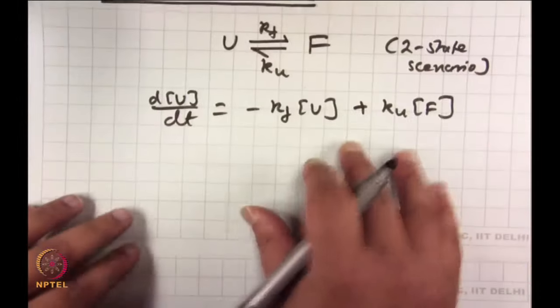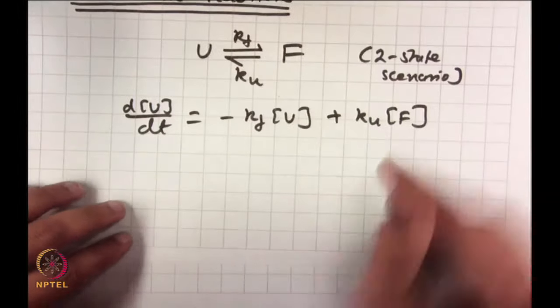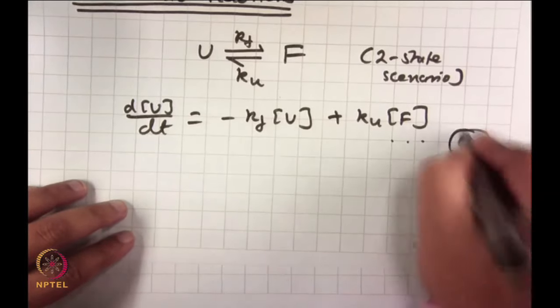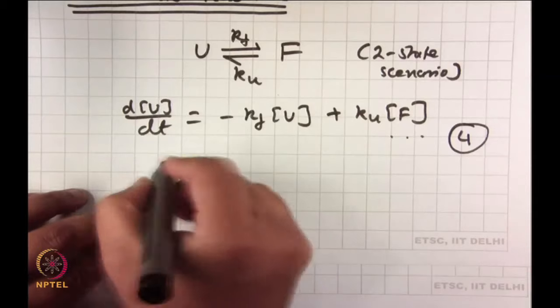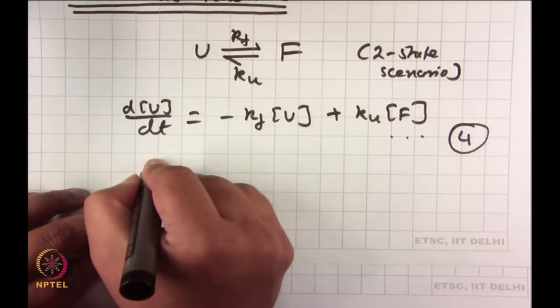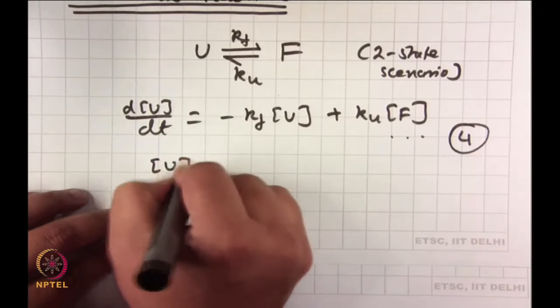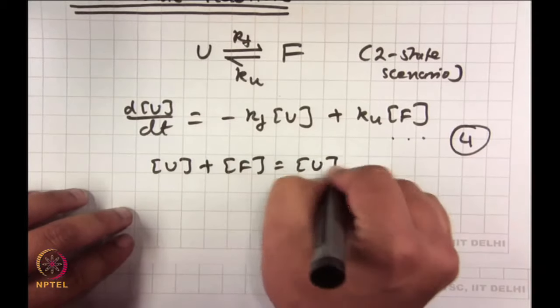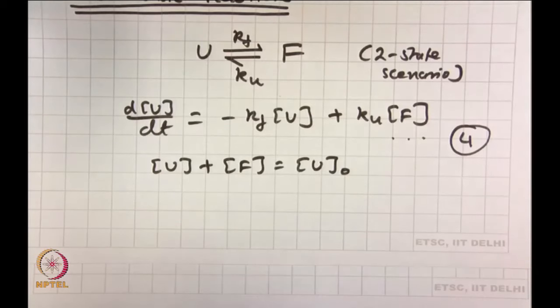This is equation 4. Also what I have is concentration of u plus concentration of f is equal to the concentration of u at the initial time t equal to 0, which is u naught.